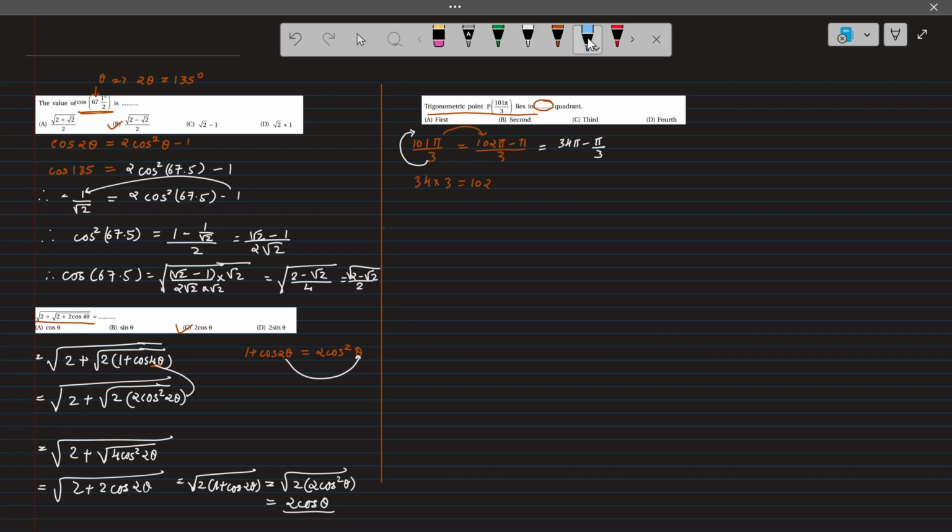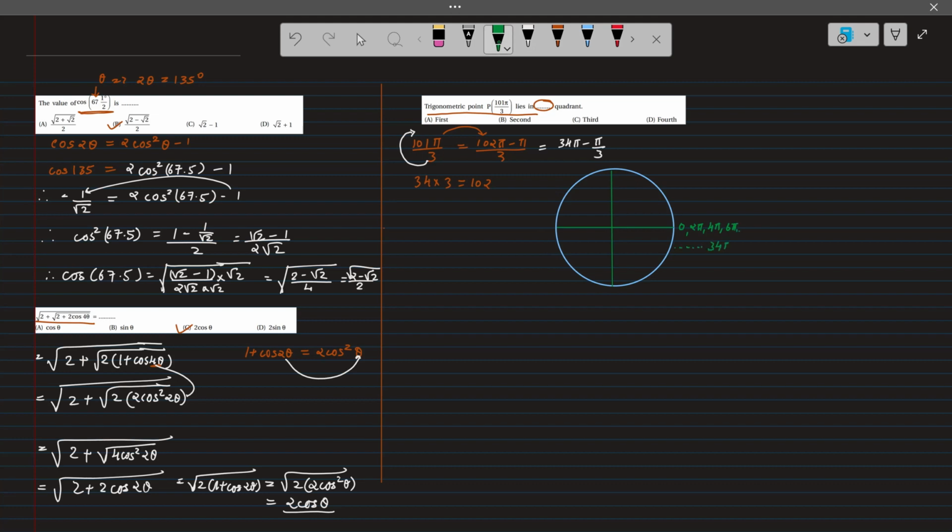Now, in our unit circle, on the right hand side at this point, we'll get the value 0, then 2 pi, then 4 pi or 6 pi and so on. All the even pi will get at this point.